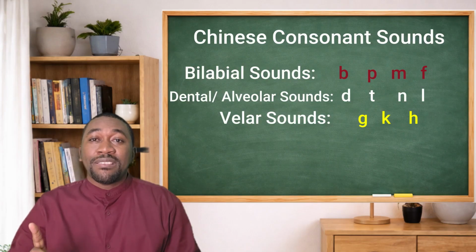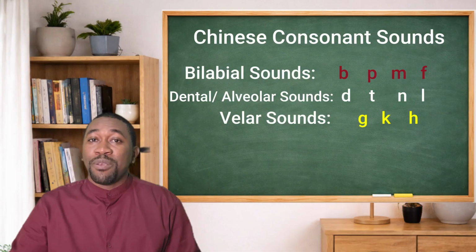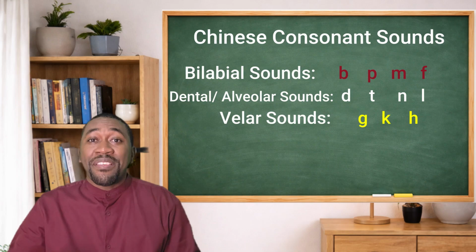So for these letters, G, K, and H, the sounds are G, K, H. For the sound for the letter G, you should not have any air coming from your mouth. For the sound for the letter K, a little bit of air. And then for the letter H, it's very breathy.